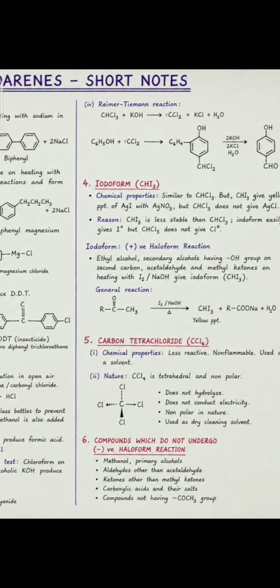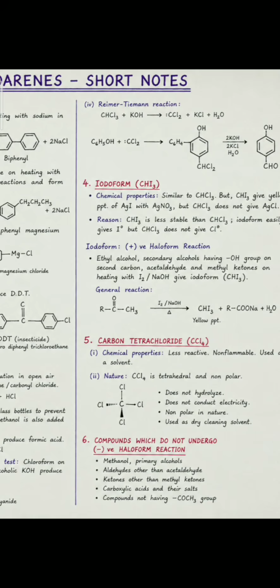Iodoform, positive haloform reaction. Ethyl alcohol, secondary alcohols having OH group on second carbon, acetaldehyde and methyl ketones, on heating with NaOH or KOH, or sodium carbonate or sodium bicarbonate, and iodine produce a yellow ppt of iodoform.